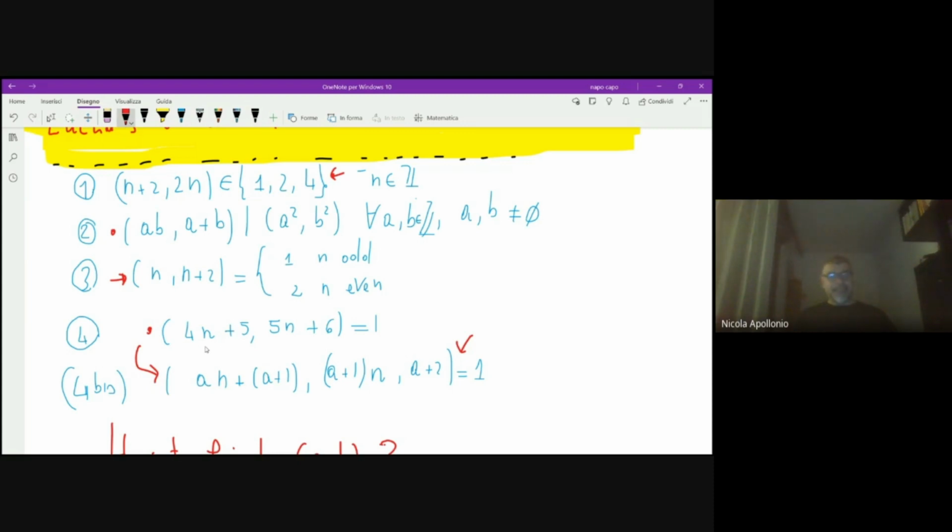So their greatest common divisor is 1. We are not just saying that 9 and 11 are coprime. Yes, we are saying exactly this, but more generally, we are saying that every pair of numbers of this form are coprime, which is actually strong.